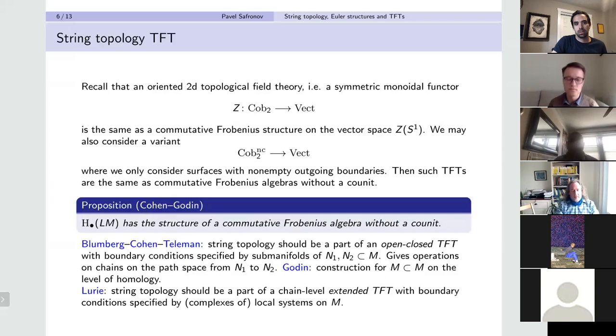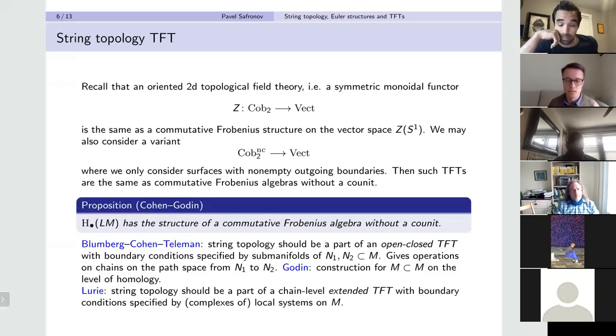So let's see, the open-closed is published in 2010. On arXiv, Godin's paper is 2008, I think. I can look at the arXiv, but Godin did it in the topological setting entirely, and we did it algebraically, so if you feed in the cochains on the space into that machinery... Indeed, I'm only talking about the geometric versions.